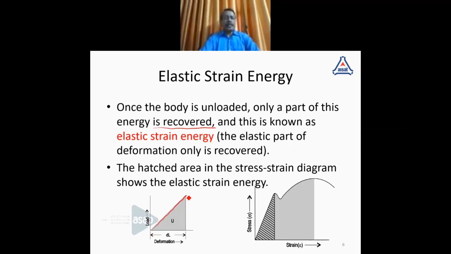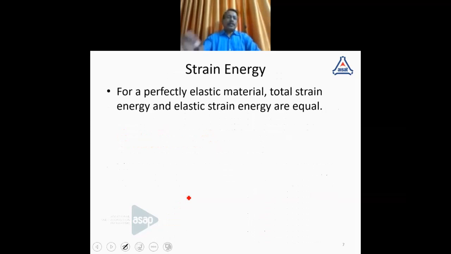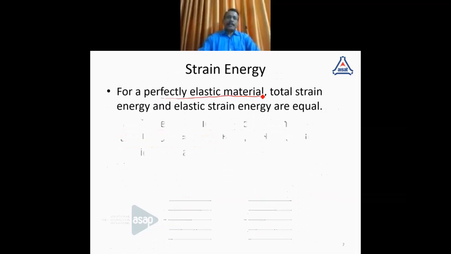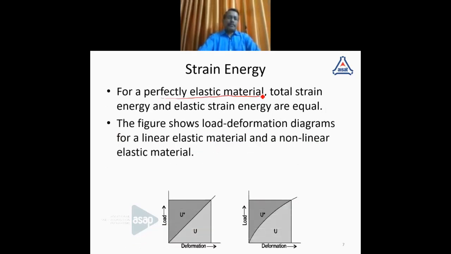In that case, we can say it is a linearly elastic body. That material is called perfectly elastic, and again it can be linearly elastic. This is linearly elastic material.